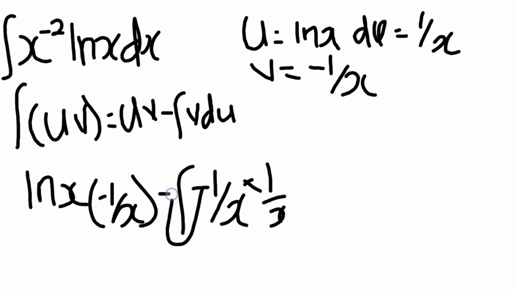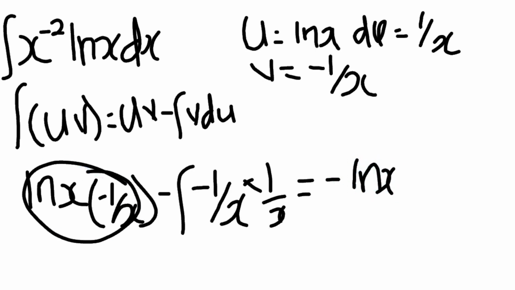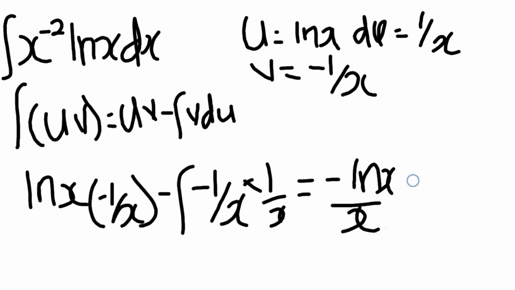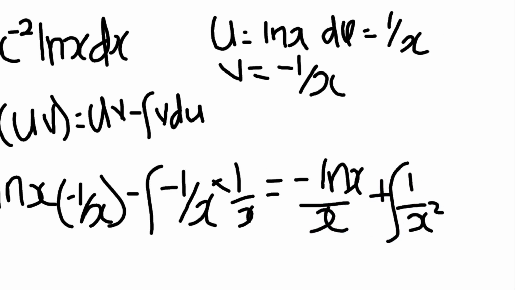So this minus is going to change to plus, since minus and minus is equal to plus. We're going to have minus ln x over x, simplifying it, plus the integral of 1 over x squared. And 1 over x squared is the same thing as saying x raised to the power of minus 2.